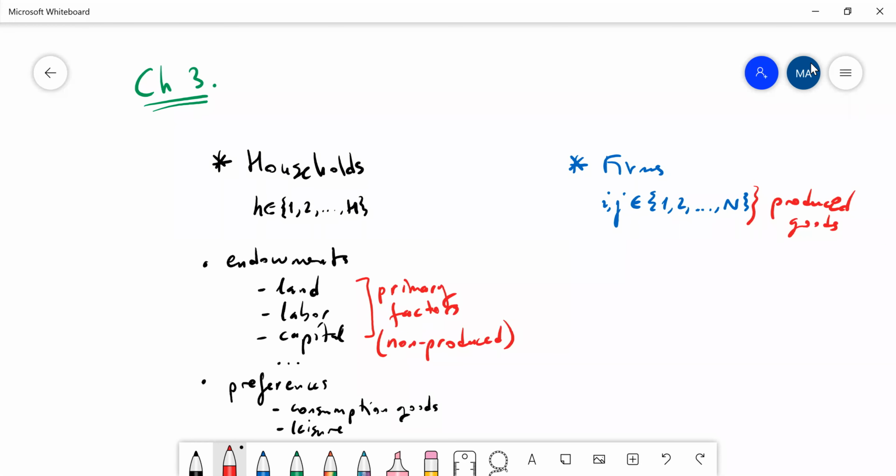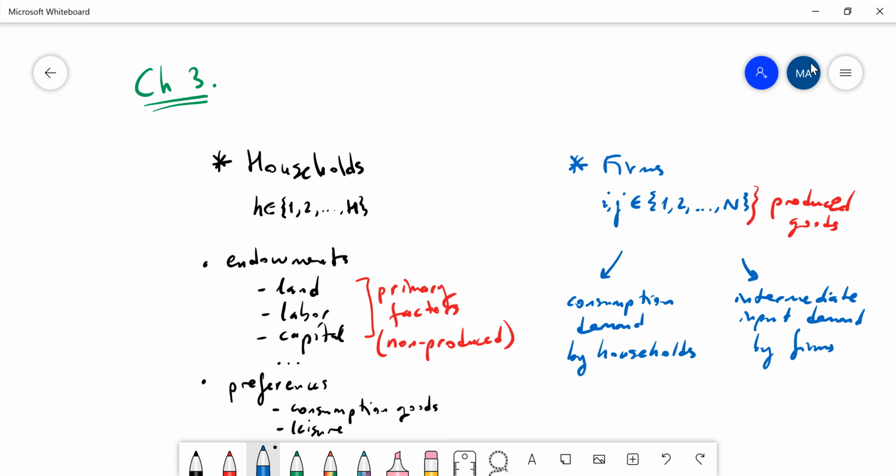So some part of this will go to consumption demand by households. Another part will be intermediate input demand by firms.